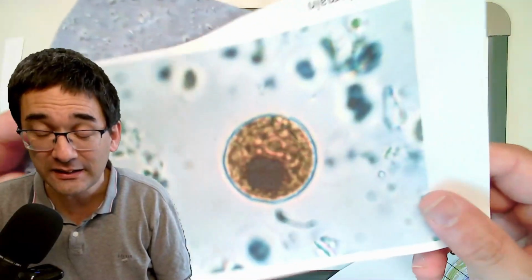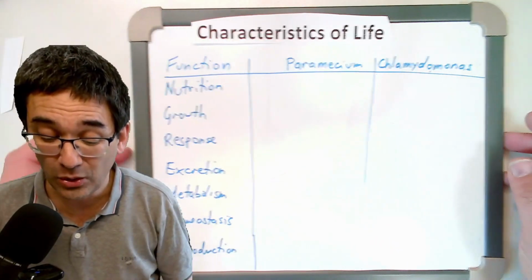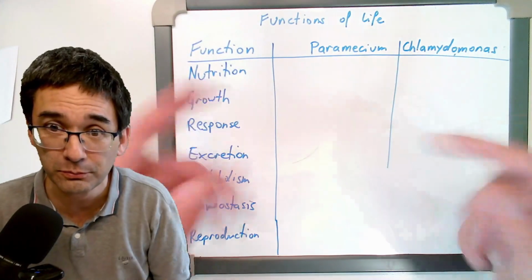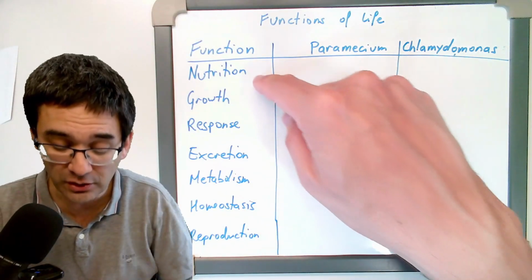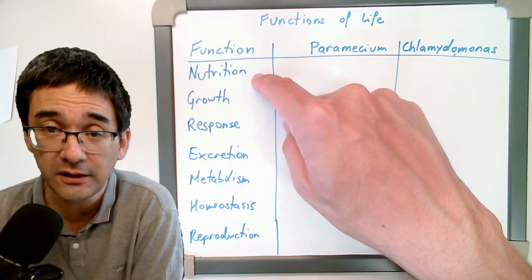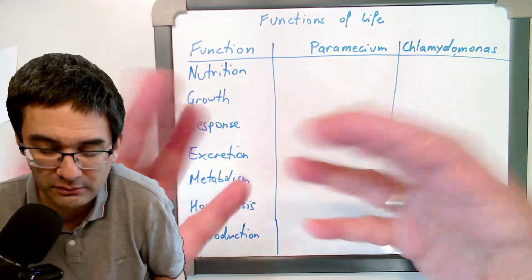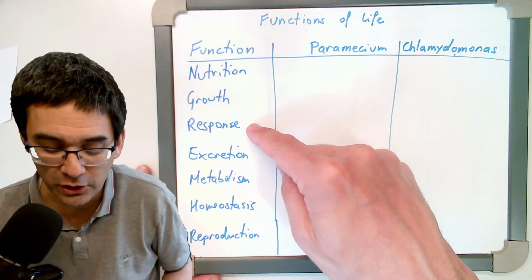Not only that, strictly speaking, all living things share those functions of life. So we could put humans in here as well. And what are these functions? Those functions are nutrition, that's basically feeding; growth, which is growing, becoming bigger; response, so it reacts to the environment.